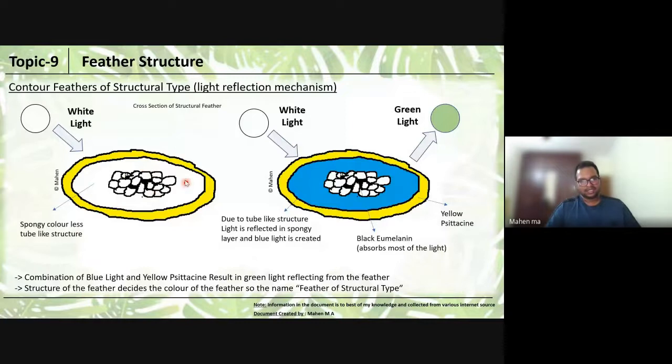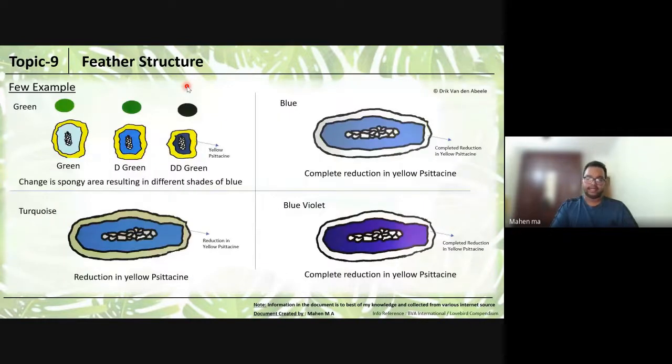Since the structure inside the spongy layer decides the color of the feathers, it is called the structural type. Hope this is understood by everyone. If you have any doubts, you can clarify now or towards the end. Maybe I'll go to the next slide and we can clarify towards the end.